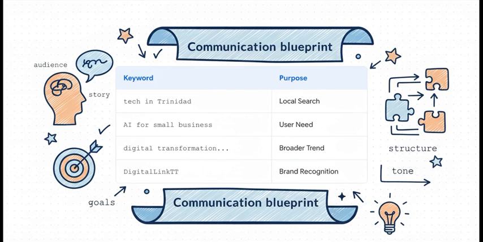Each one has a specific strategic job. Tech in Trinidad, that's all about targeting local search. AI for small business, that speaks directly to what someone needs. Digital transformation taps into a way bigger business trend. And finally, digital link TT, that's just pure brand recognition. It's a multi-layered strategy designed to connect with the audience on a whole bunch of different fronts.